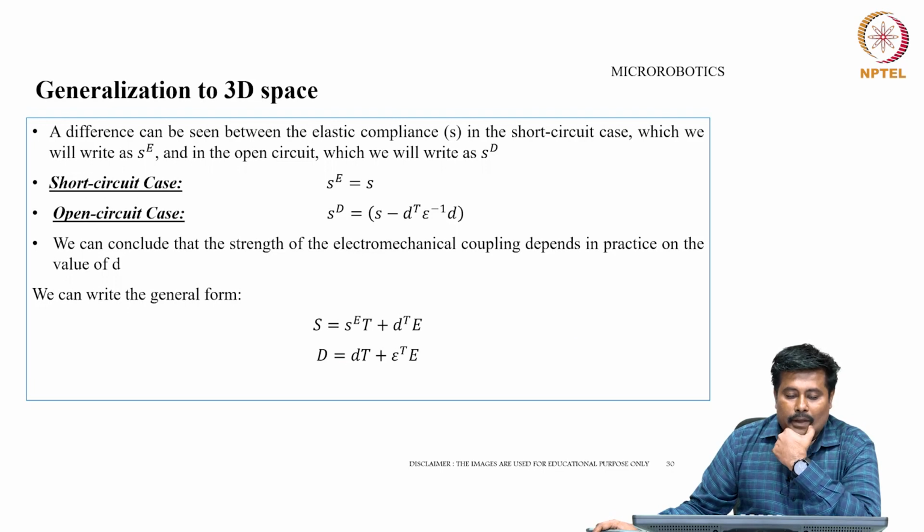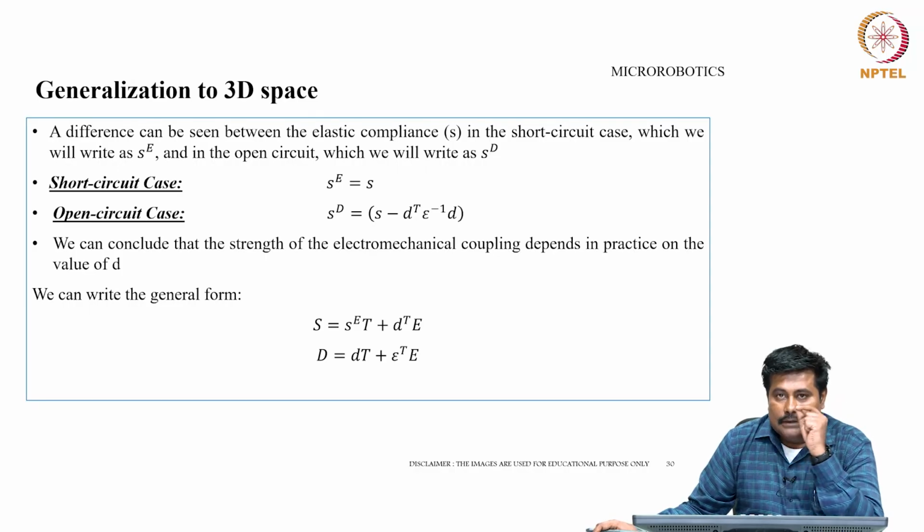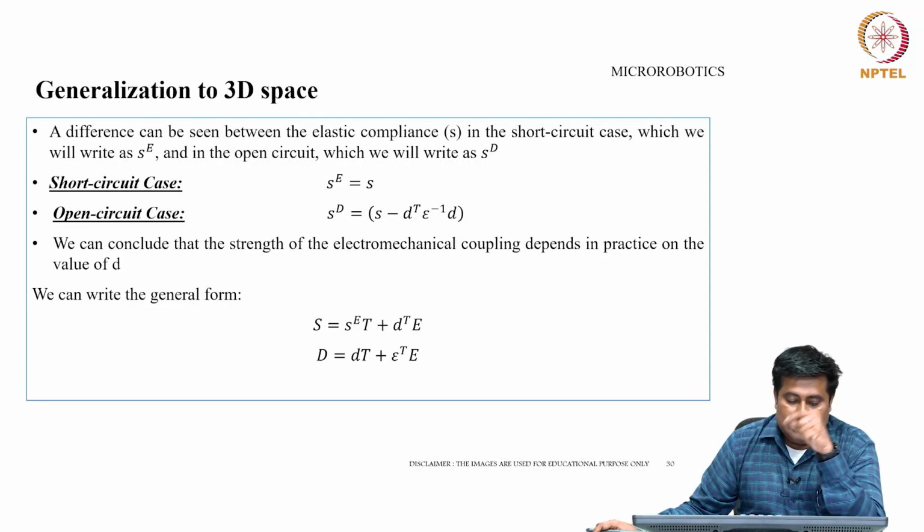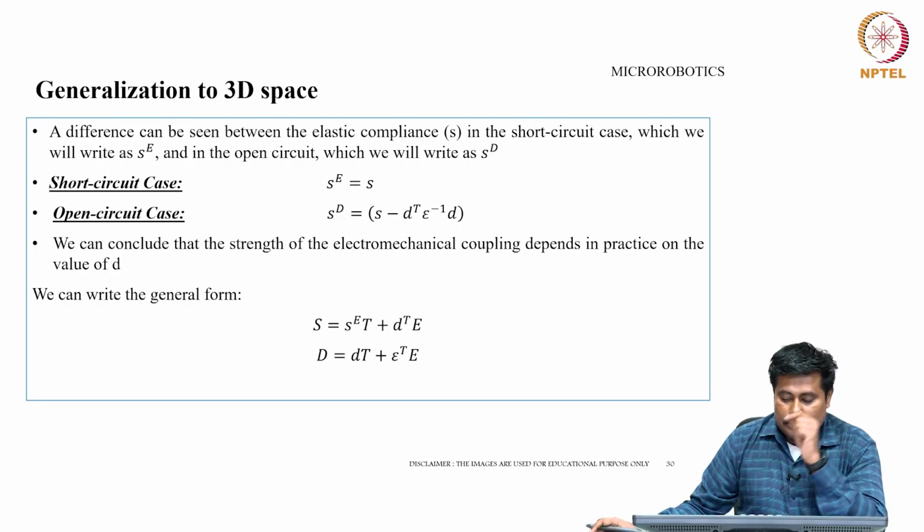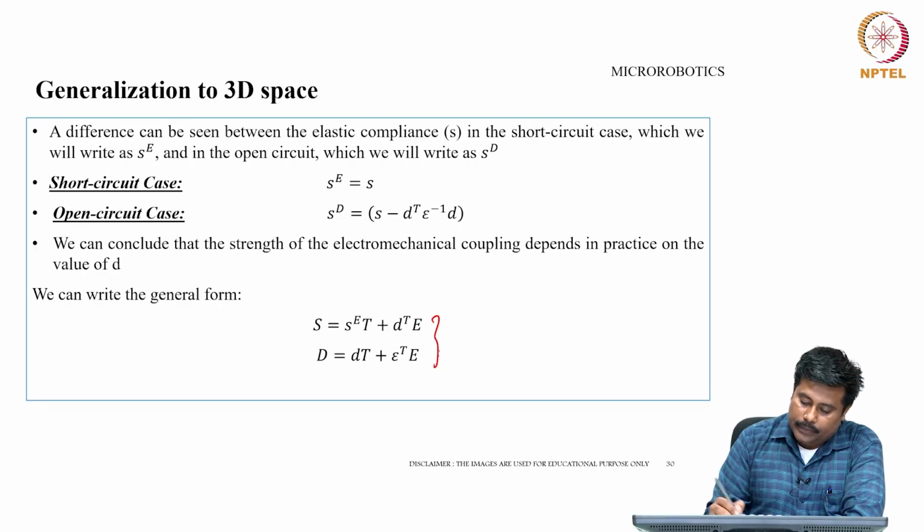The difference between the elastic compliances: the short circuit case is S power E and the open circuit case is S power D. So, we can conclude that the strength of the electromechanical coupling depends in practice on the value d, and we can represent it in the general form.